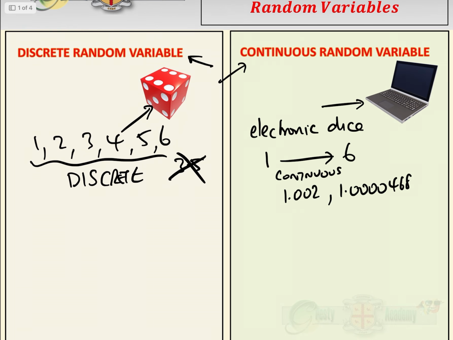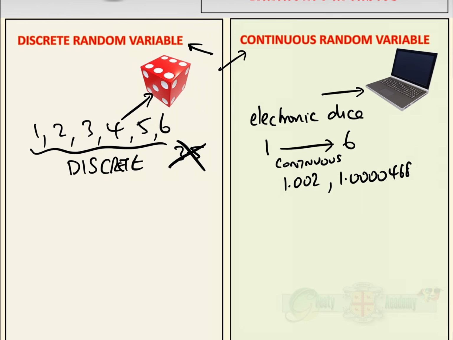Now the second difference is the probability of throwing any one of the values 1, 2, 3, 4, 5 and 6 on a discrete random variable is 1/6 for the dice, but it is not 0. For the electronic dice, the probability of it coming up 1.002 is 0, and the reason why is because there's an infinite number of real numbers between 1 and 6.